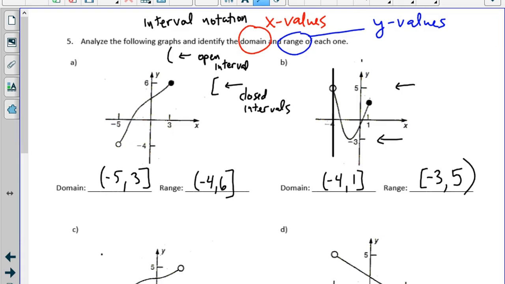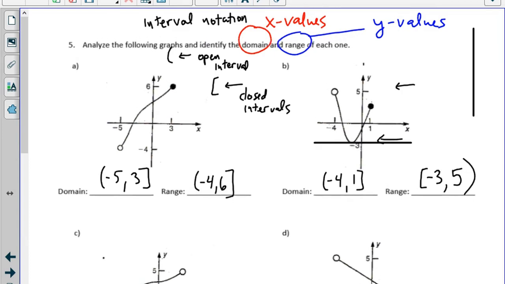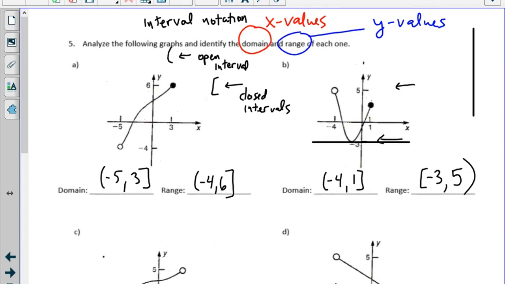So in terms of scanning the x's, everything from -4 to 1 is in there. And then if I want to scan the y's, it starts working at -3, and then everything works up until 5.